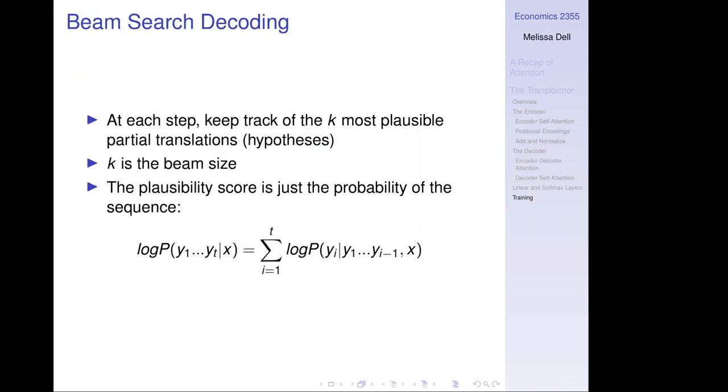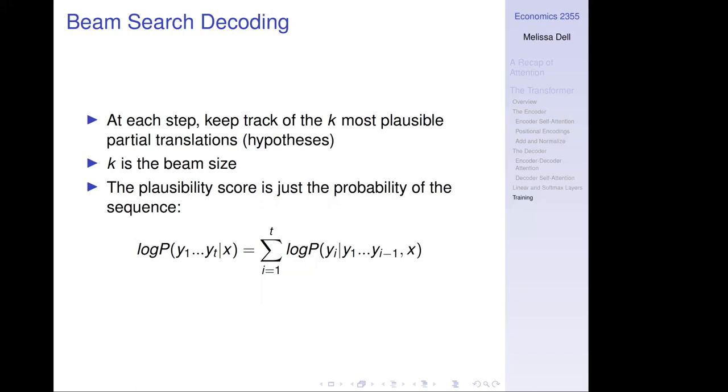Now, in reality, instead of doing greedy decoding, usually people will do beam search decoding. Just to recap, at each step, we keep track of the k most plausible partial translations, which we call hypotheses, where k is the beam size. It would be standard to have k be like 10.